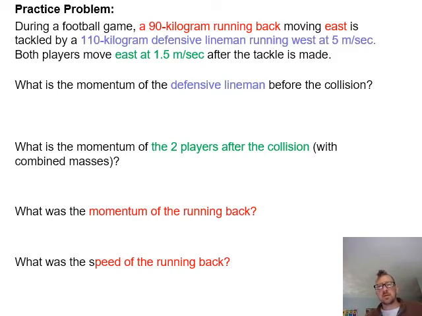This is the kind of advanced-ish application of what we're talking about. This is where you've got an object with momentum going in one direction, an object with less momentum going in the other direction. When they collide, the one with more momentum wins.